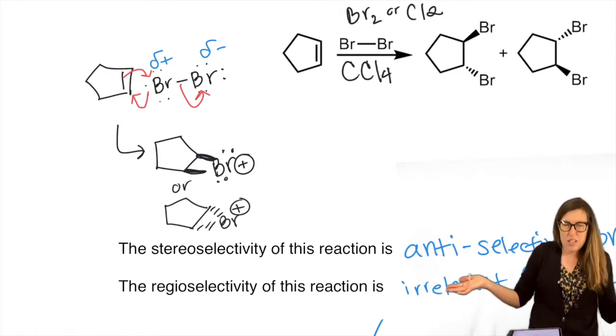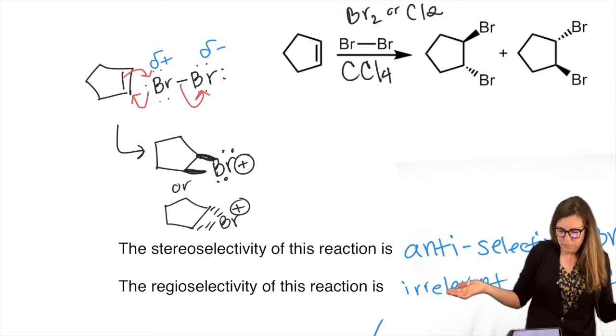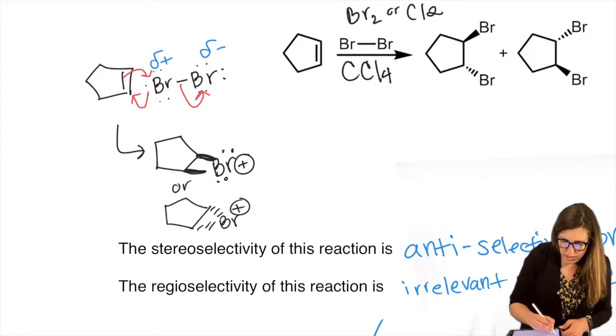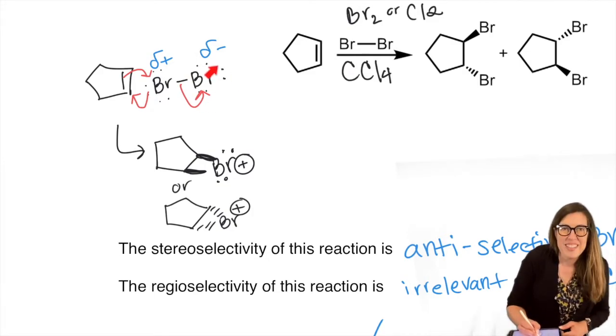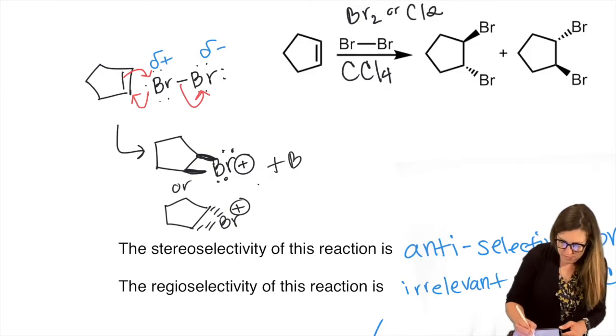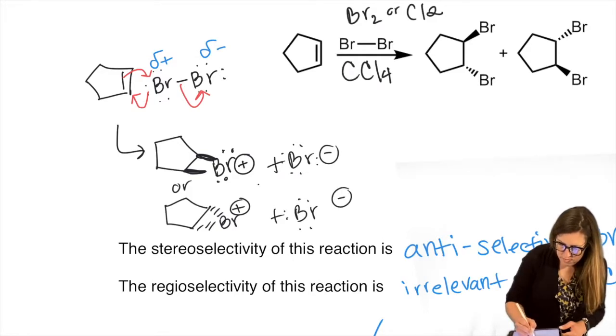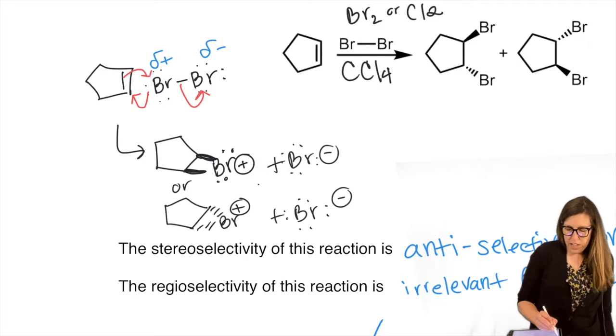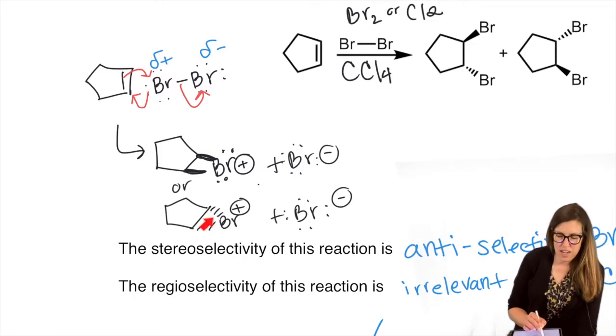Now it's time for the nucleophile to attack. Who's the nucleophile? We just made it right here, that leaving group. So let's draw that in. This is a very strange intermediate, highly reactive, it has a name.